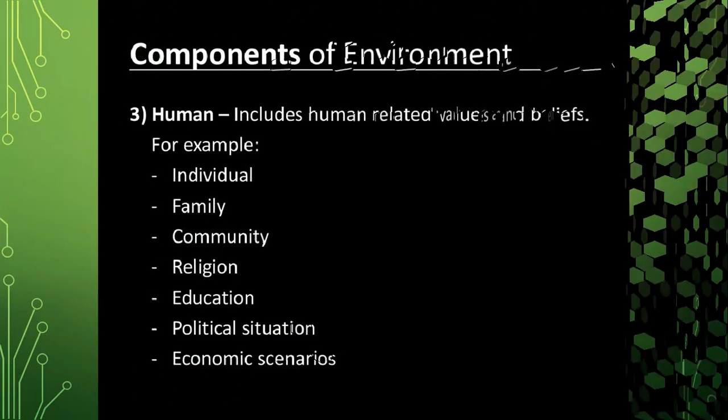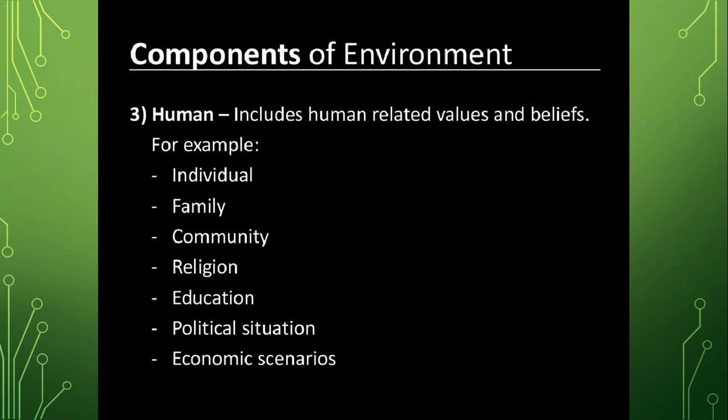Next, coming to the human category, it includes human-related values and beliefs. That is, every individual, family, community, religion, education, political situation, economic scenarios, all the groups and all the organizations that exist. These are the three main components of environment. You closely notice that everything is interdependent.